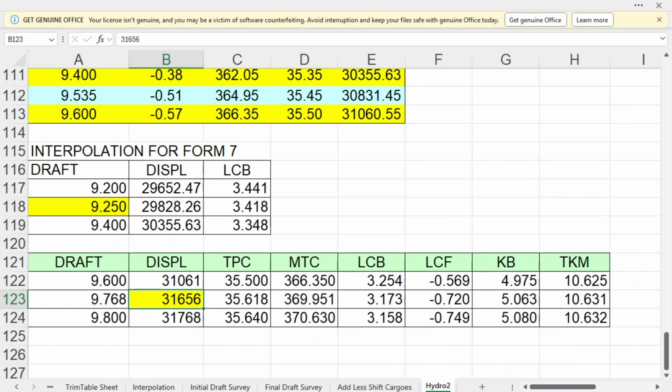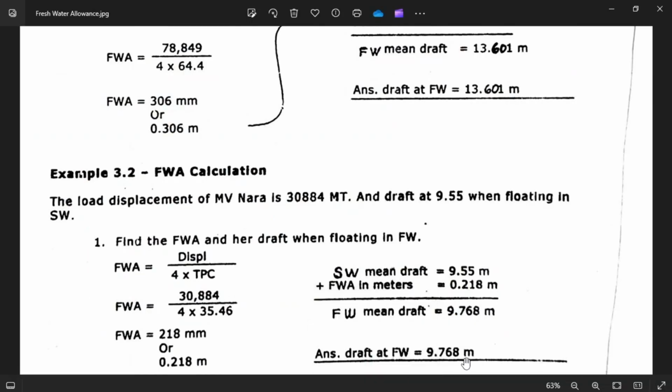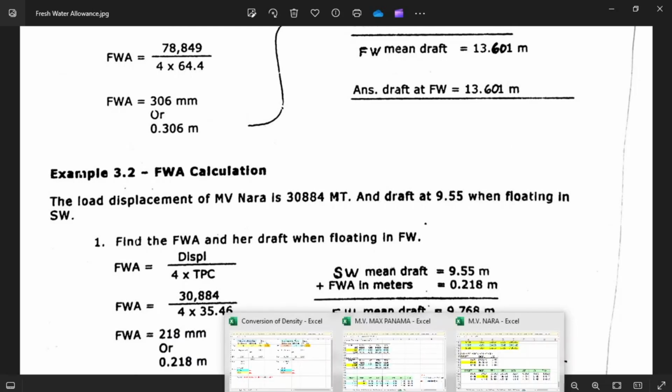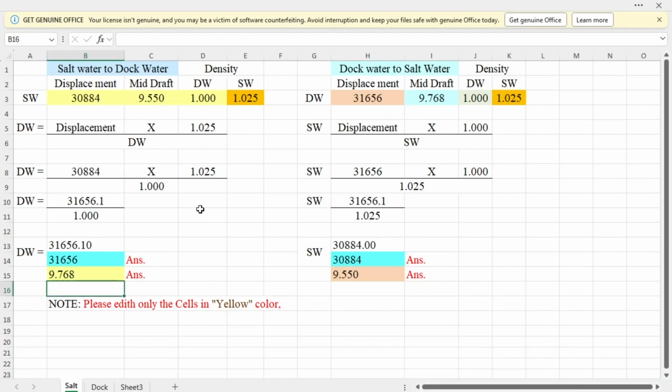Put here 31656, and your corresponding draft will be 9.768, which is this one. Okay, so guys, you have two solutions. You either do this manually, or you use this Excel formula, which will get the same results. So it's up to you, whichever you like, or is more convenient for you.